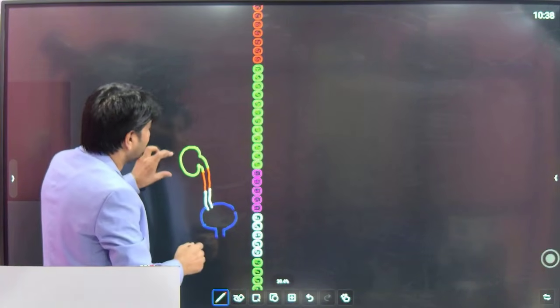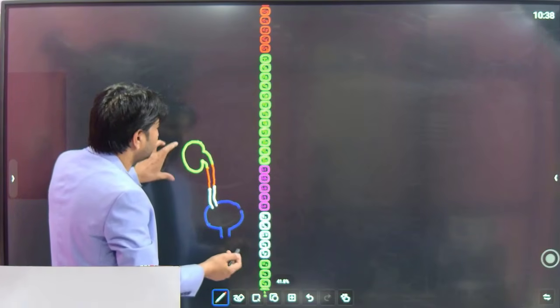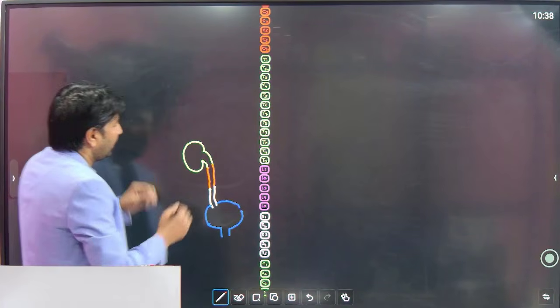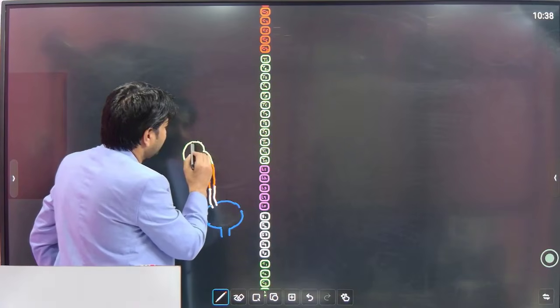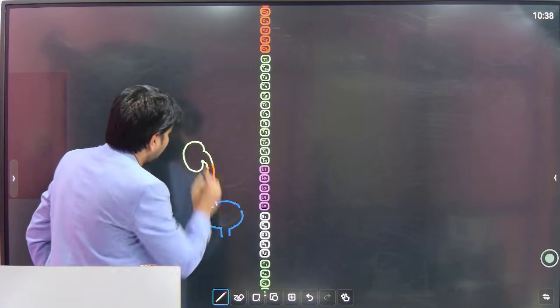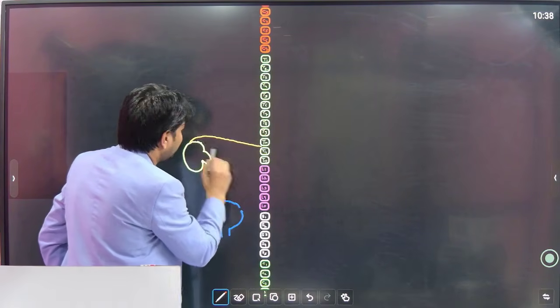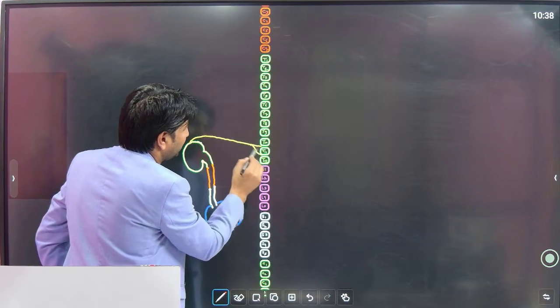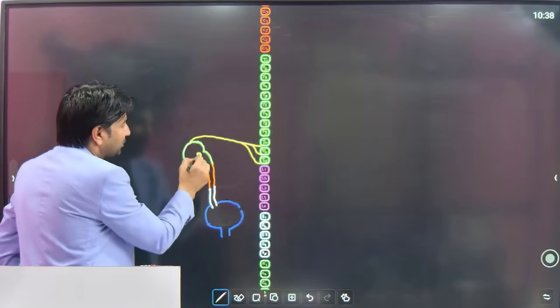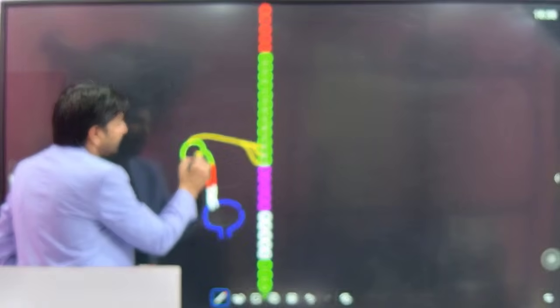Now, we have to understand why kidney pain, or the pain that originates from the kidney, radiates to the groin and where it will be. The sensory nerve fibers emerging from the kidney will go to the T10 segment, T11, and T12. When there's pain in the kidney, meaning a stone in this renal pelvis area, these nerves will carry the sensation of pain into the T10, T11, and T12 spinal segments.